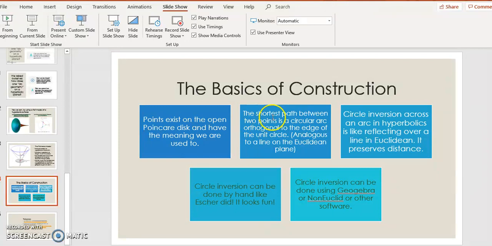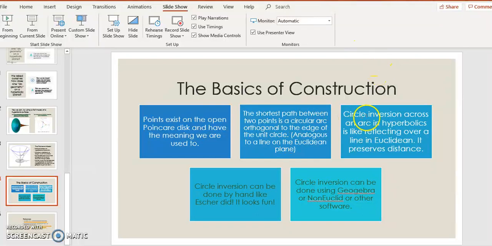The second point here: the shortest path between 2 points is a circular arc, which is orthogonal to the edge of the unit circle. So these are our lines on hyperbolic planes. And these circular arcs are analogous to lines on the Euclidean plane. So circular arcs are our line structures on hyperbolic surfaces.